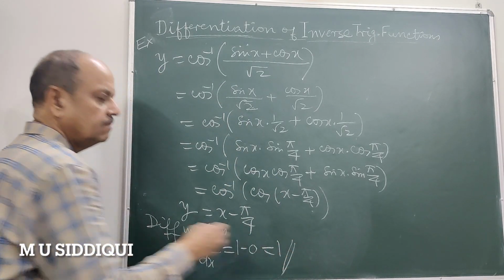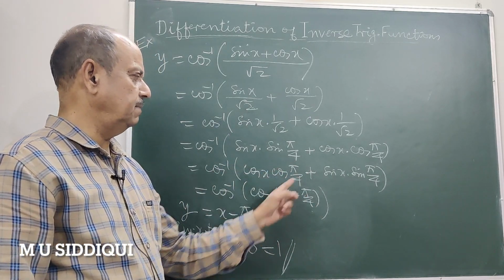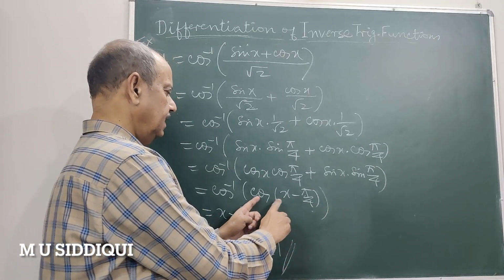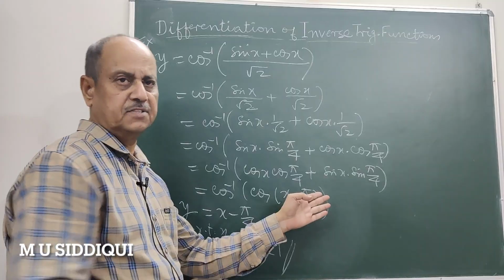This is your answer. But here I need to make one more thing, that cos A cos B plus sin A sin B can be written either cos of x minus pi by 4, or you can say even cos of pi by 4 minus x as well.